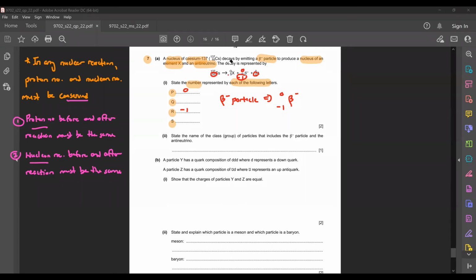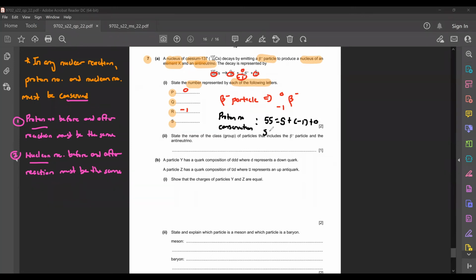It should be 56, isn't it? So if we write proton number conservation, it is 55 equals S plus -1 plus 0. This is letter S.